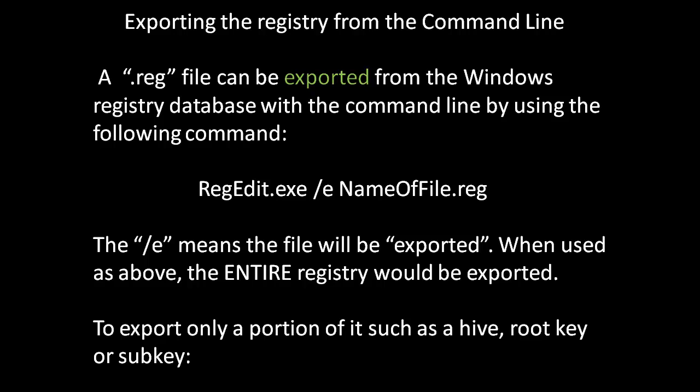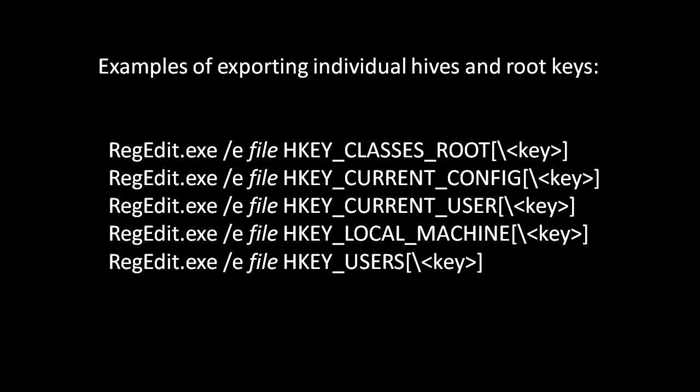When used as above, the entire registry would be exported. To export only a portion of it, such as a hive, root key, or subkey, we would use the following method: regedit.exe /e and then the file and then the particular root key. So in this case, HKEY_CLASSES_ROOT and then any subkey values that we wanted to add into the syntax.